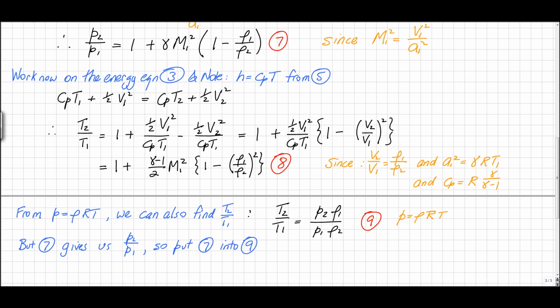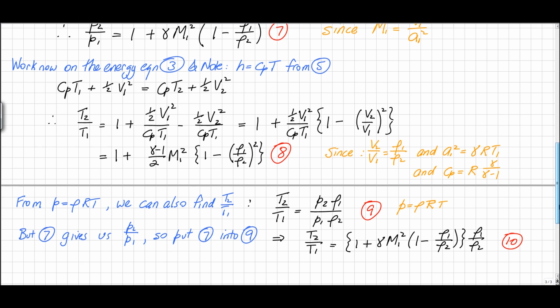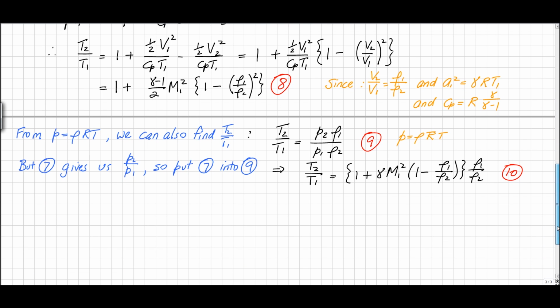That gives us T2 over T1 is equal to {1 plus gamma M1 squared (1 minus rho 1 over rho 2)}, that's our expression for P2 over P1 from 7, all times rho 1 over rho 2. We'll call that equation 10. And we'll just slide the screen down a little bit.